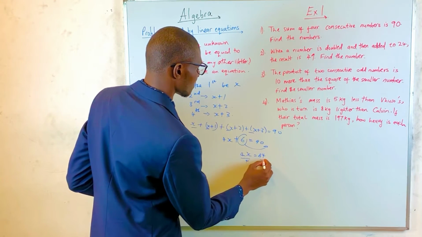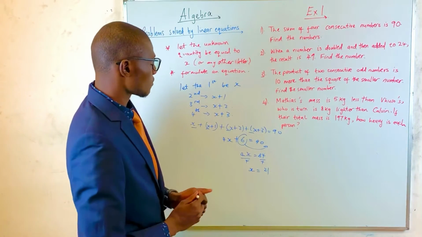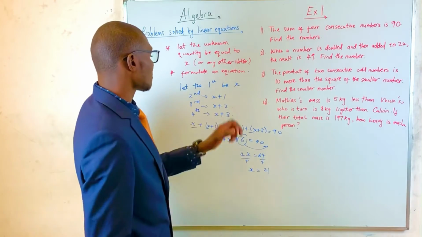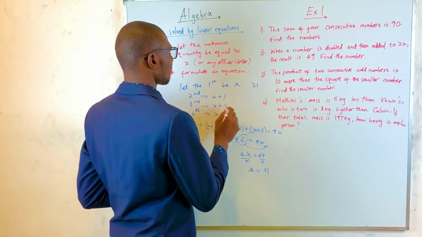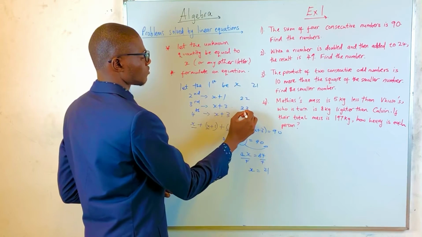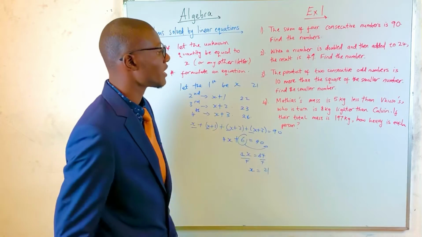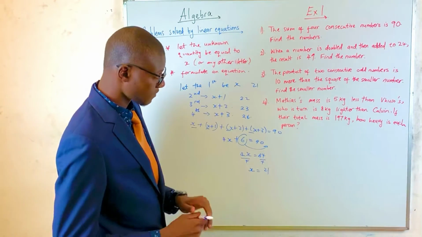Dividing both sides by 4, x is equal to 21. This 21 is the value of x. Then the second one, 21 plus 1 is 22, then 23, then 24. If we add these 4 numbers, we get 90. So this is how we solve the first one.